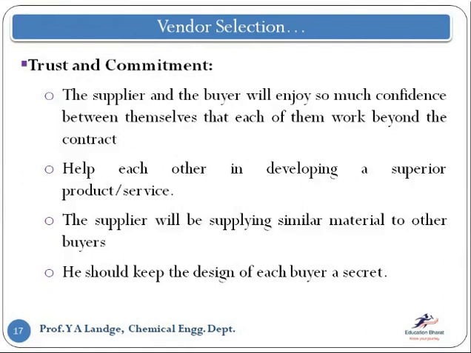The manufacturer got a good quality product on time. At the same time, the supplier, who initially has certain inventory and has invested lots of amount, will get the amount after delivering the finished product within 1 week. So they are happy. This is commitment and trust between these two parties.